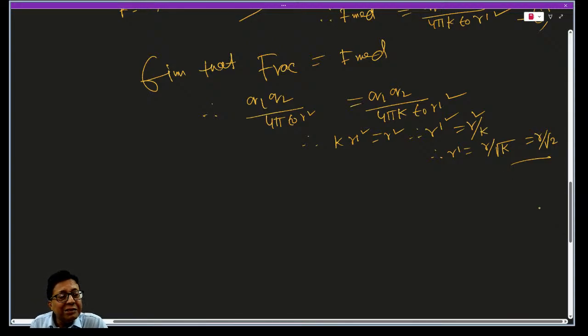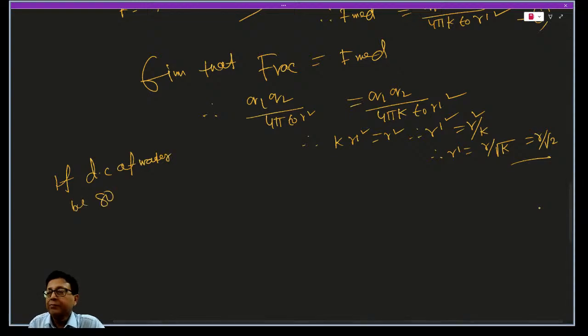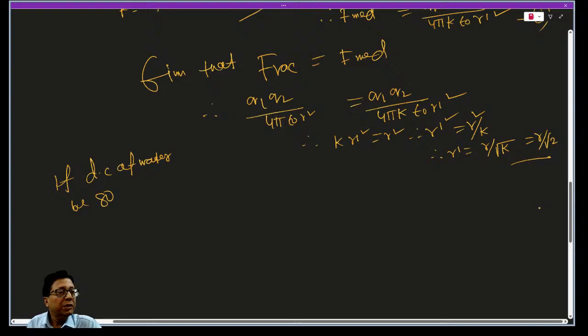Now, if there is a statement like this, if dielectric constant of water be 80, what does it mean? Dielectric constant of water is 80.